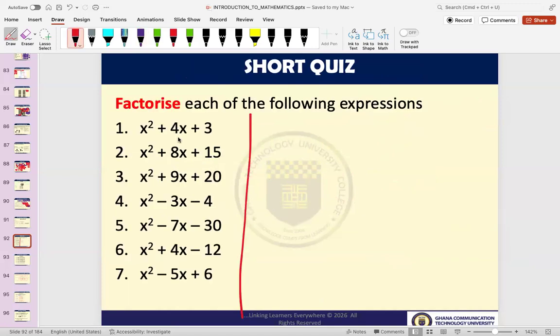In factorizing quadratic equations, these are the things you do. First of all, step 1, look.